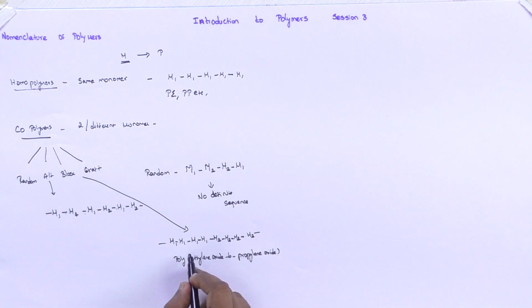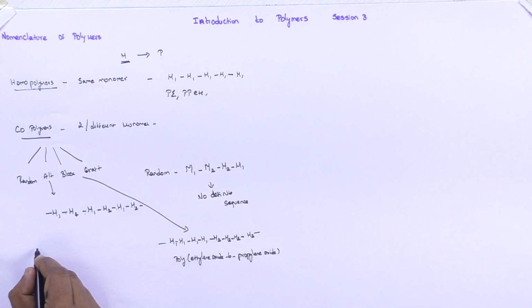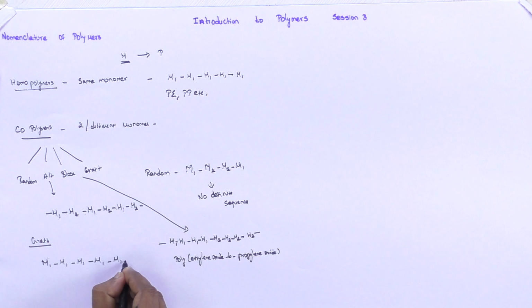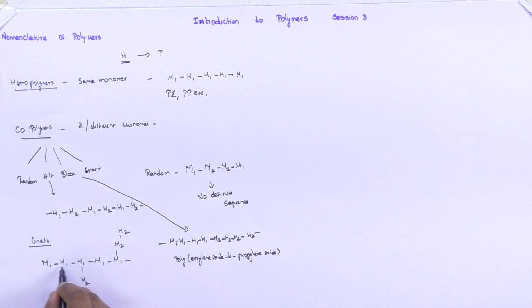This is one famous example of a block copolymer. Next comes graft copolymer. In a graft copolymer, the monomers are arranged in a grafted fashion, where you have M1, M1, M1. One monomer will form the main chain and the other monomer will be grafted onto the main chain like this. So, this is a graft copolymer.